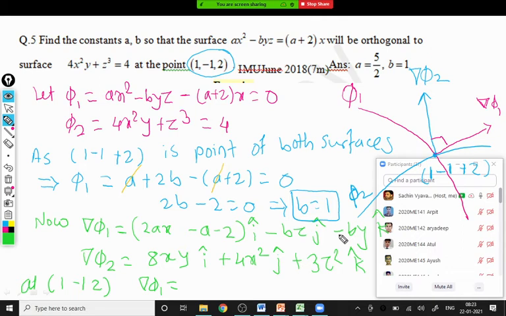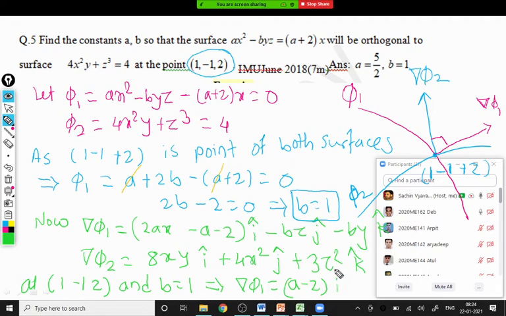That way also we can proceed. So at 1 minus 1 2 and b equal to 1, del phi 1 is a minus 2 i cap.